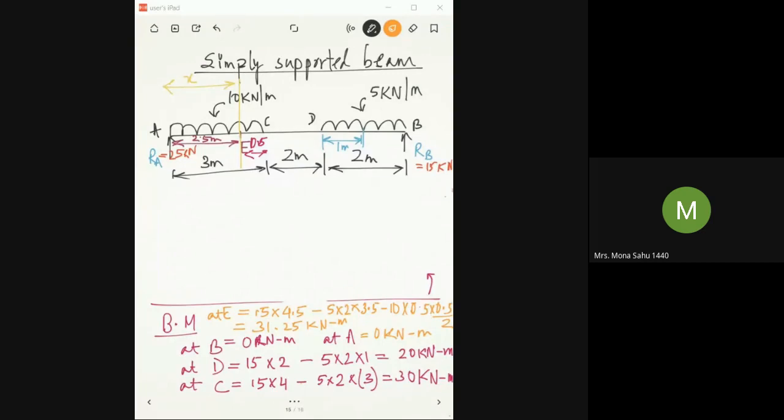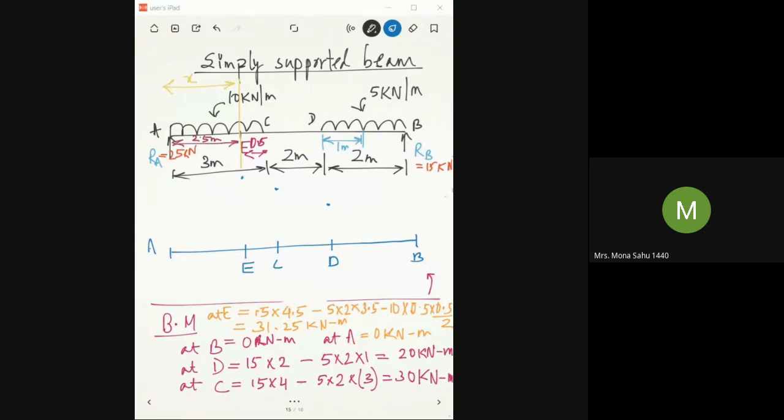Okay, now let's draft. At point B, you have 0. At point D, it's 20. At point C, it's 30. At point E, it's 31.